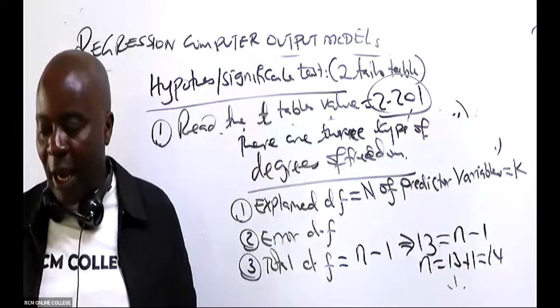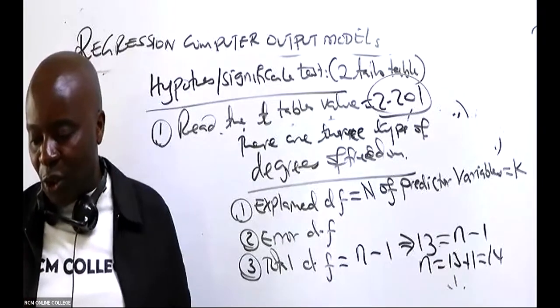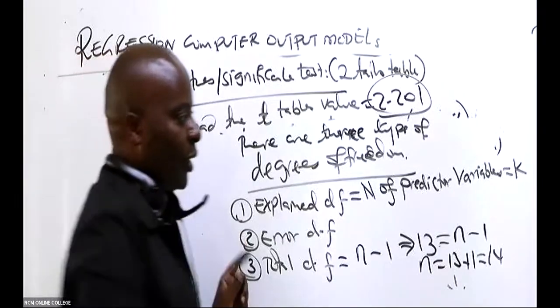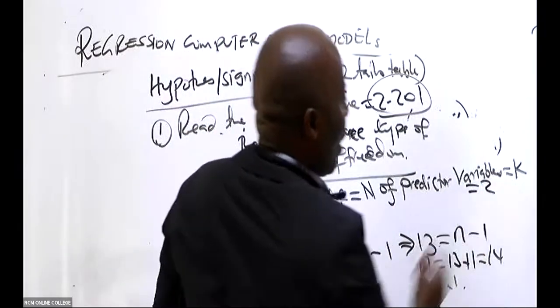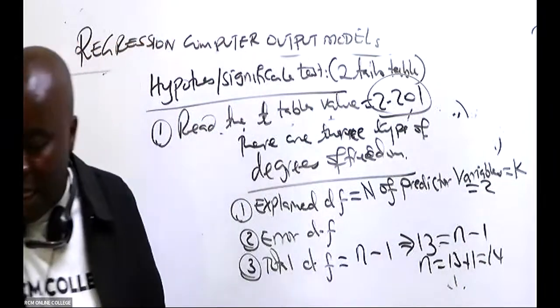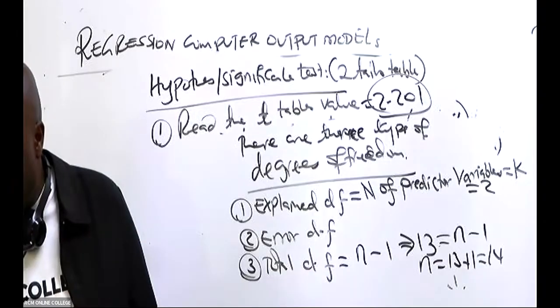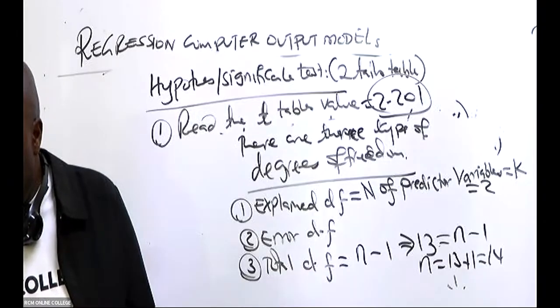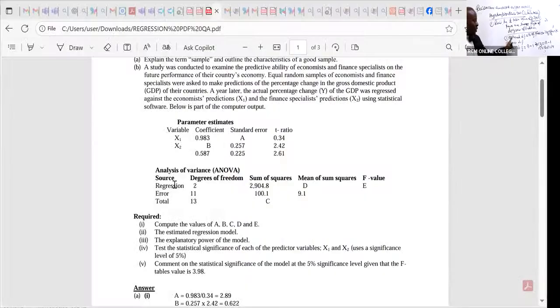So k will be 2. And that is why, if you look at this very well, up here, regression, which is the same as explained, has 2 degrees of freedom.